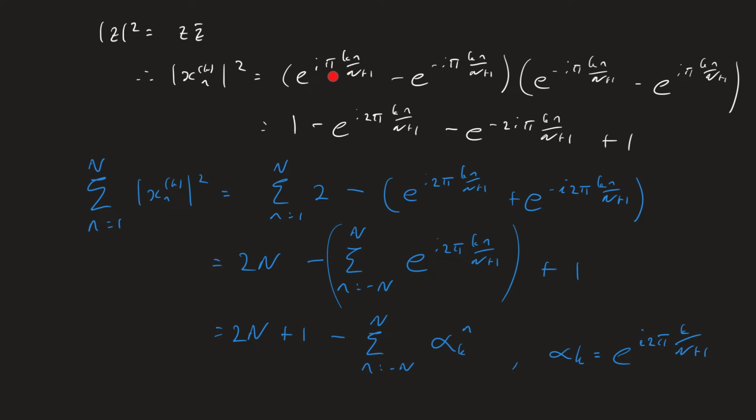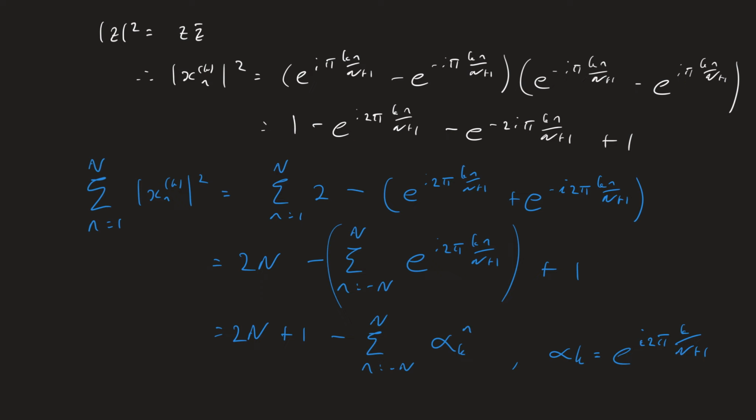So e to the i pi kn on big N plus 1 becomes e to the negative i pi kn on big N plus 1. And this term here, we replace the negative out the front with a positive. Again, we just multiply it by -1 to take the complex conjugate. Expanding out each term, we get that this is equal to this.